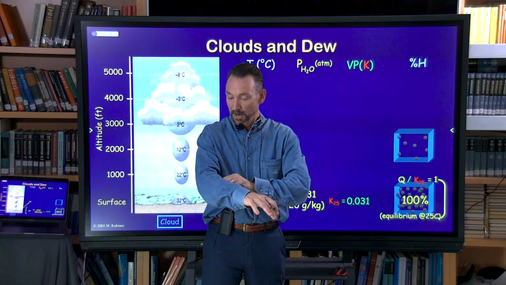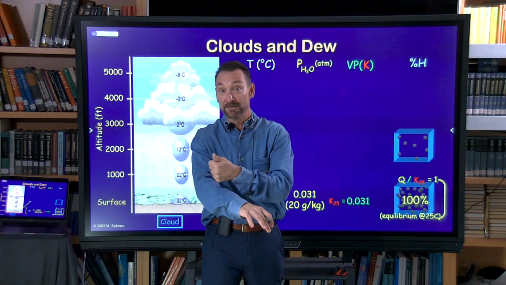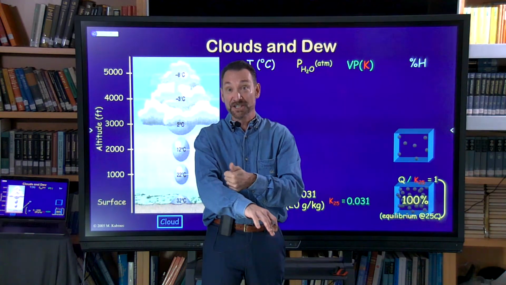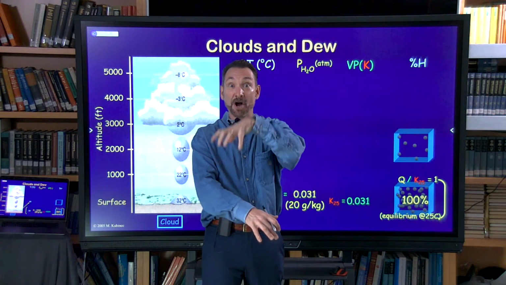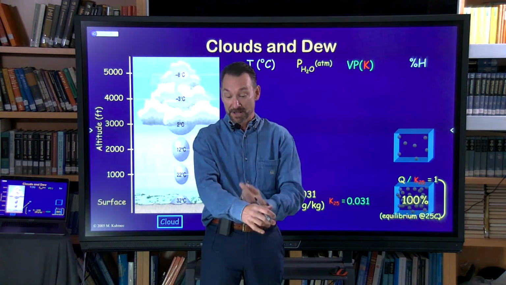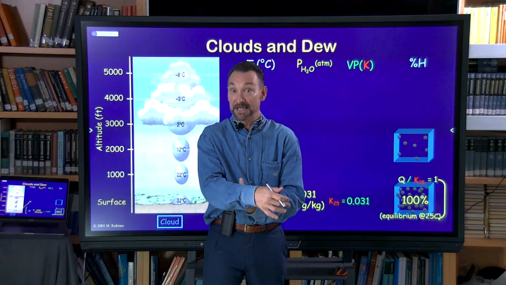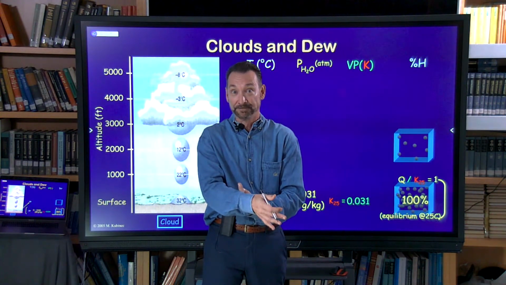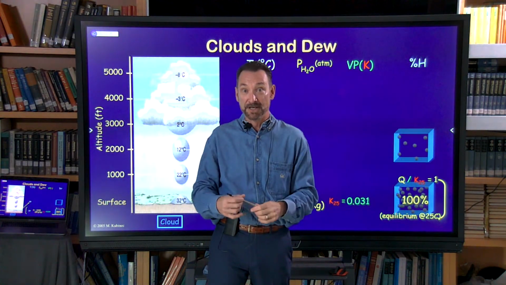But what partial pressure can the sweat on your body achieve at 25 degrees C? It can only achieve 0.03 of an atmosphere. And if the air is already 0.03 of an atmosphere, then the water comes out of your skin, but there's 0.03 of an atmosphere there. It's already at equilibrium and it can't evaporate. So it's harder to cool ourselves at 100% humidity.